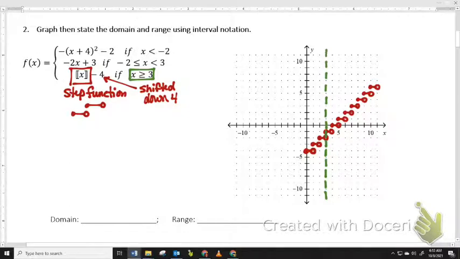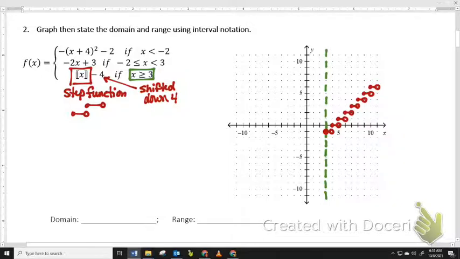It's only going to be on one side of it. Which side do I keep? Right side, because it said greater than or equal to, right? So I'm going to go back in and erase this part out of here. Since it's got that or equal to, I keep the closed circle there. You guys all right with that so far?